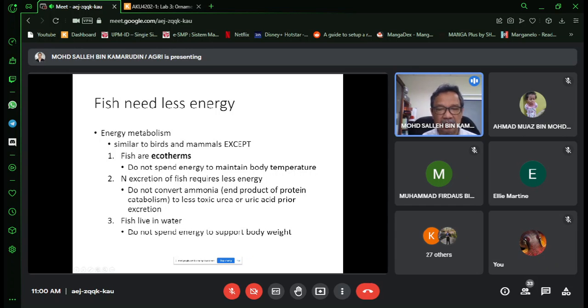And another is that the fish live in water, dia tidak perlu support dia punya body weight. So dia punya buoyancy is there, dia boleh jaga dia punya water position dalam water tu, dia just minum air, and also nak float, senangnya dia pakai gas bladder, so less energy.